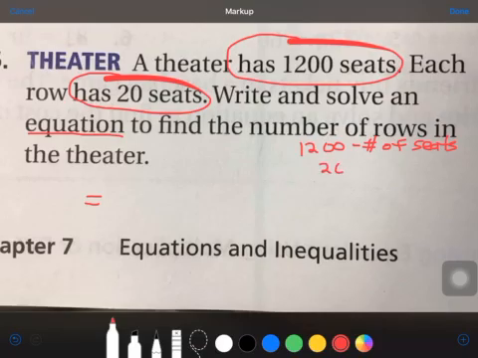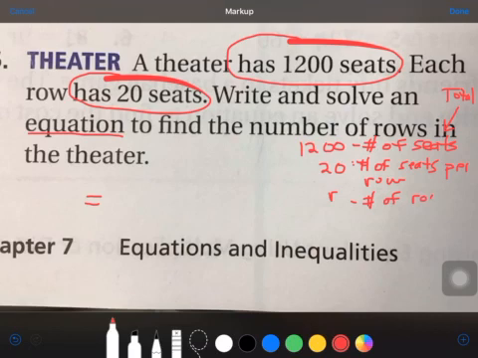So 20 is the number of seats per row, okay? Find the number of rows in the theater. So there's my unknown. I need to know the number of rows, and I'm going to use R, number of rows.